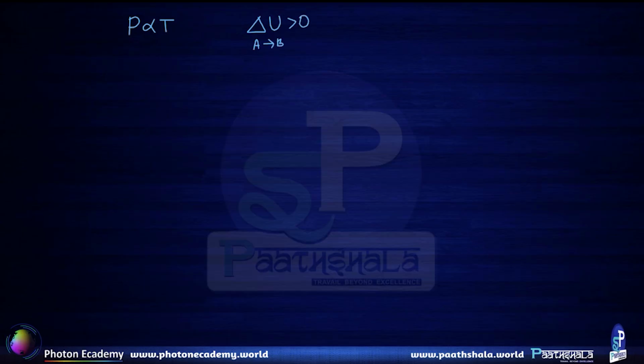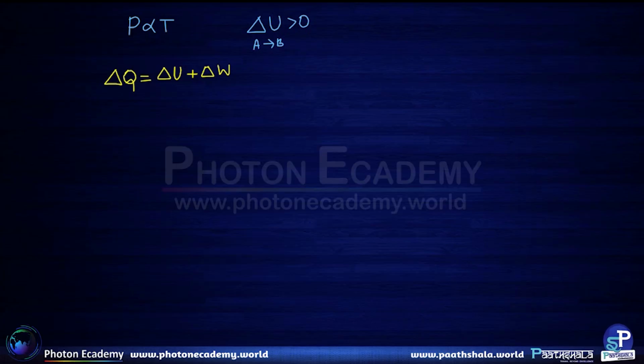From the first law of thermodynamics, delta Q is equal to delta U plus delta W. In the path AB, the change in volume is 0, so the work done in the process AB will be 0. So this term is going to be 0, and the term delta U is greater than 0.